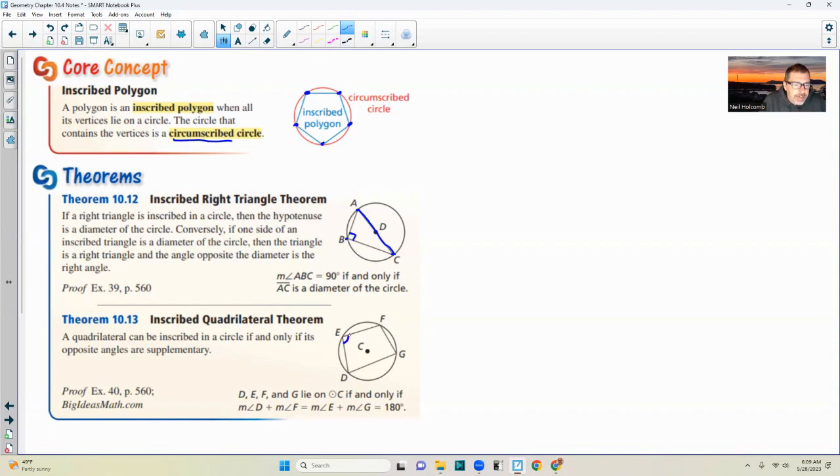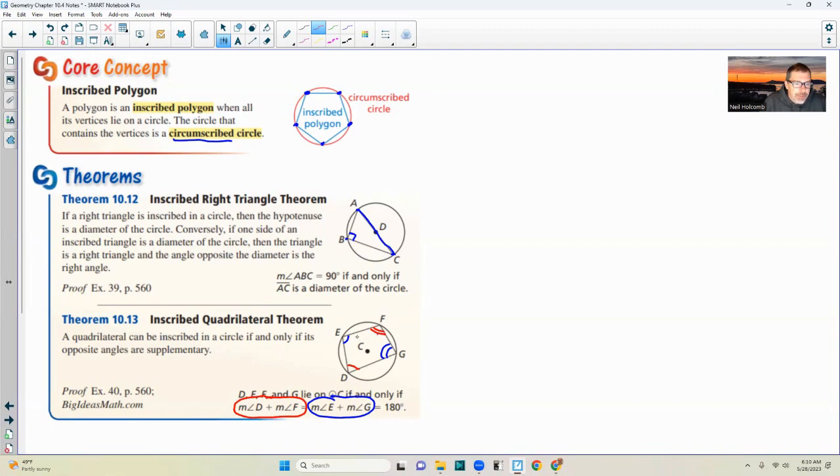So here is angle E. The angle opposite E is G. So the measure of angle E plus G is 180 degrees. It also works for the other angle. If you have angle D opposite angle F, then angle D plus angle F equals 180 degrees.